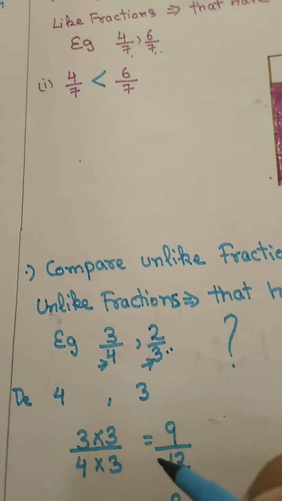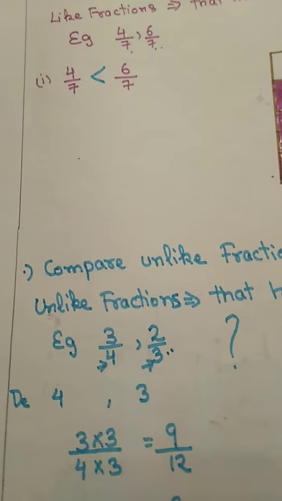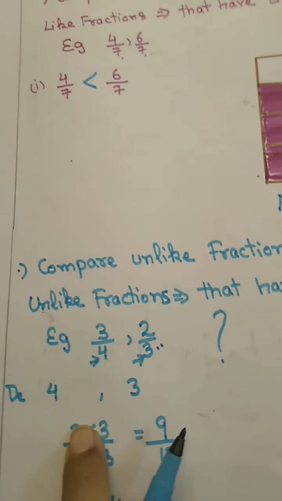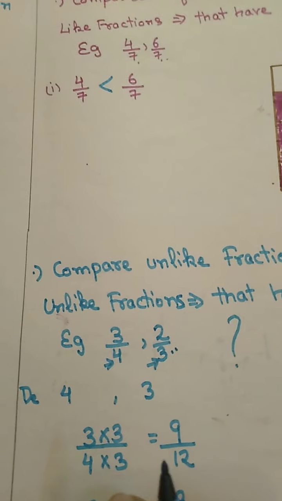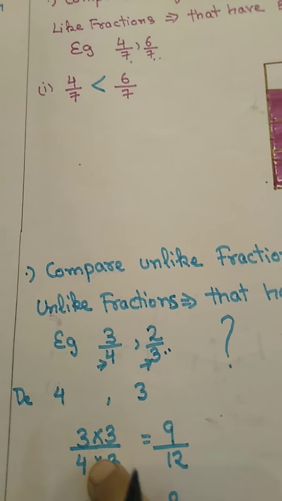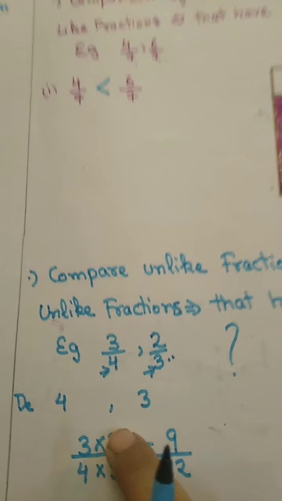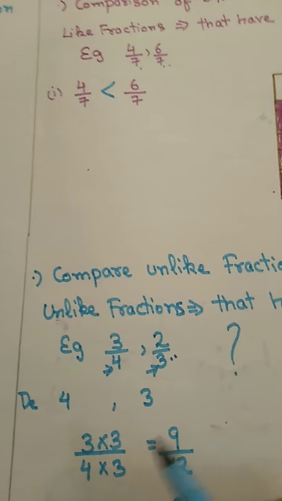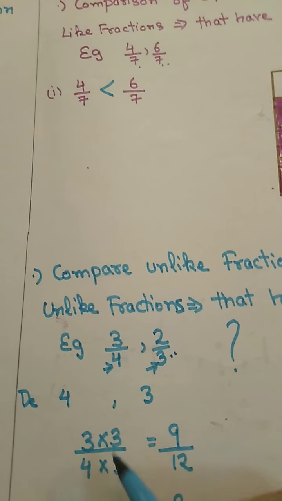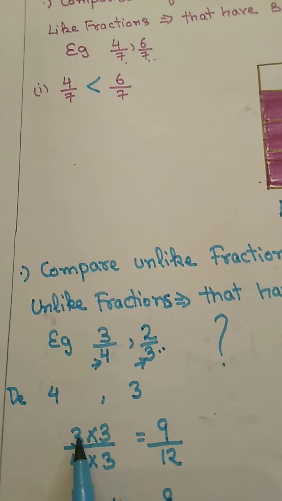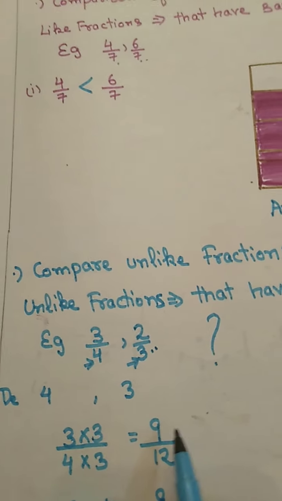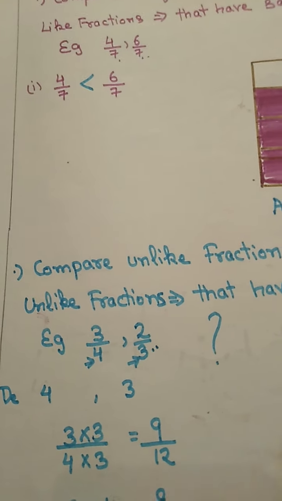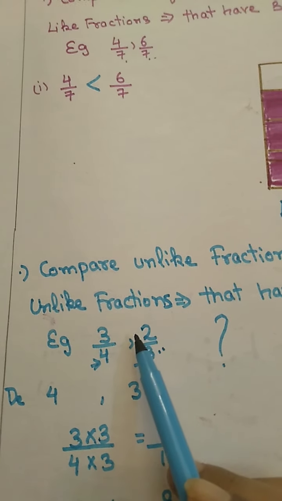If we don't do it, then we can't get the equivalent fraction. Otherwise the numerator will be sad. You have given 3 chocolates to that denominator only and you have not given 3 chocolates to the numerator. So we need to multiply it with both sides. So 3 into 3 is 9 and 4 into 3 is 12.